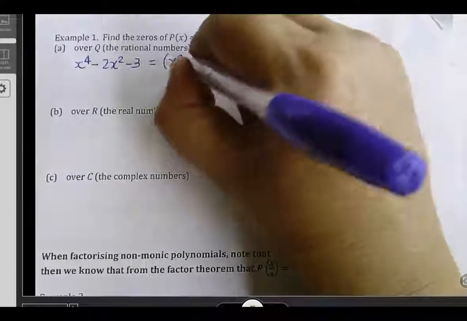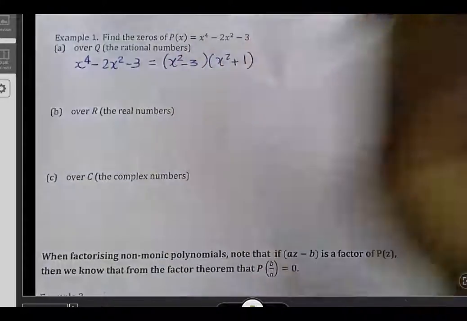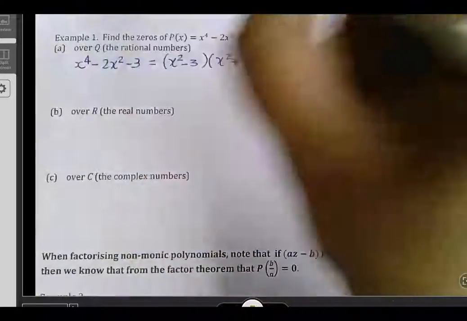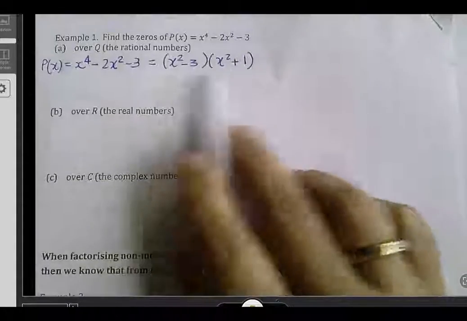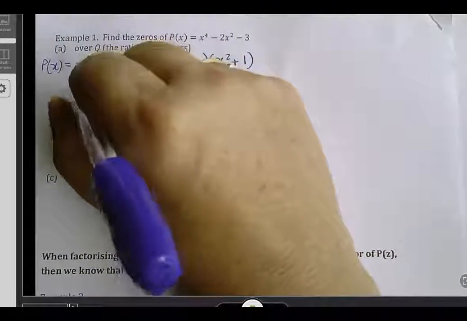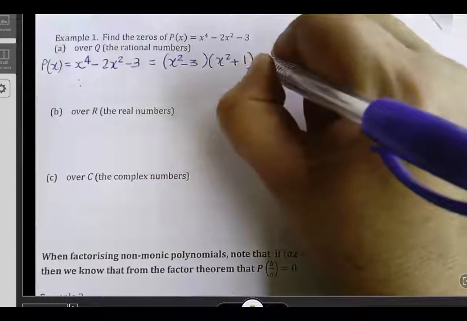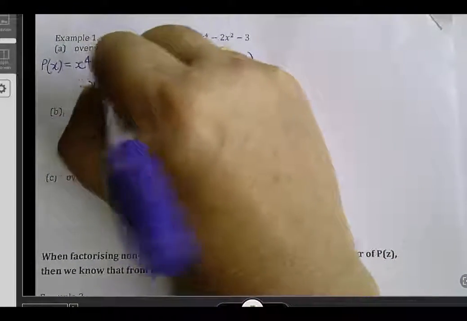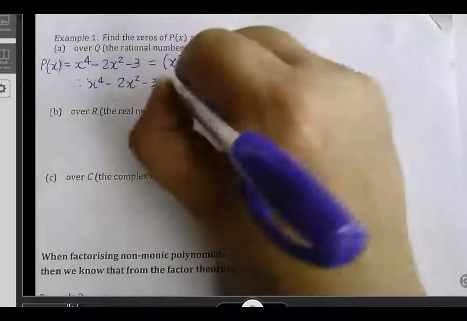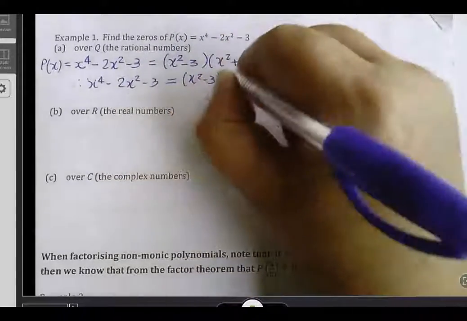So therefore, your polynomial in x is equal to that. So x to the 4 minus 2x squared minus 3 is x squared minus 3 times x squared plus 1.